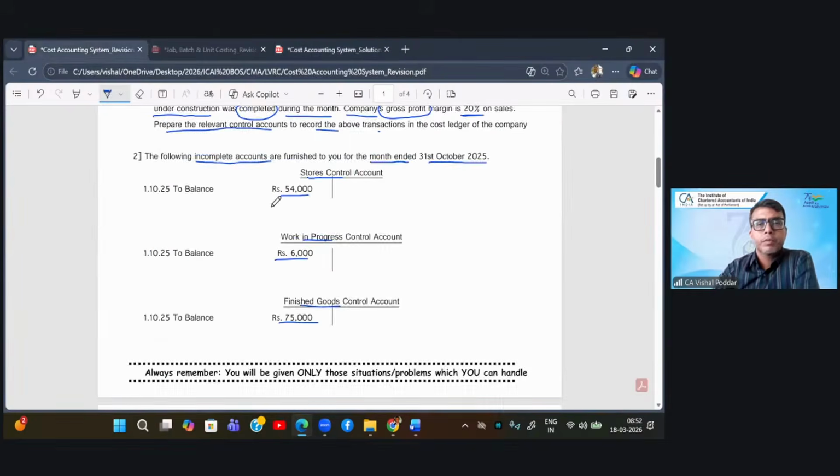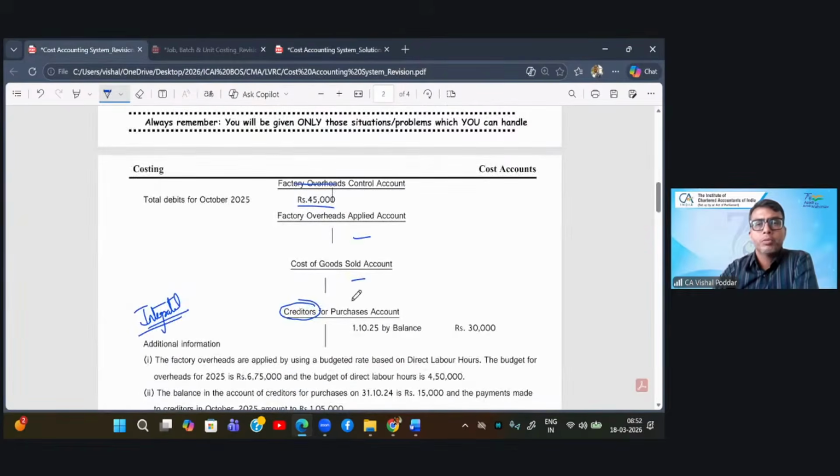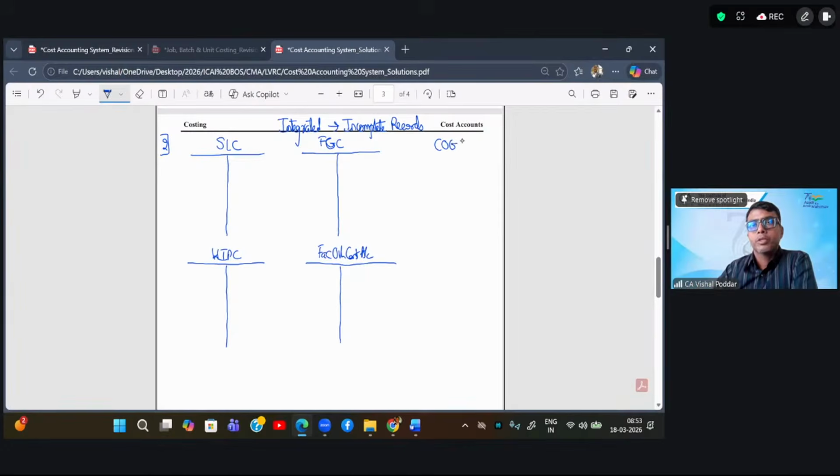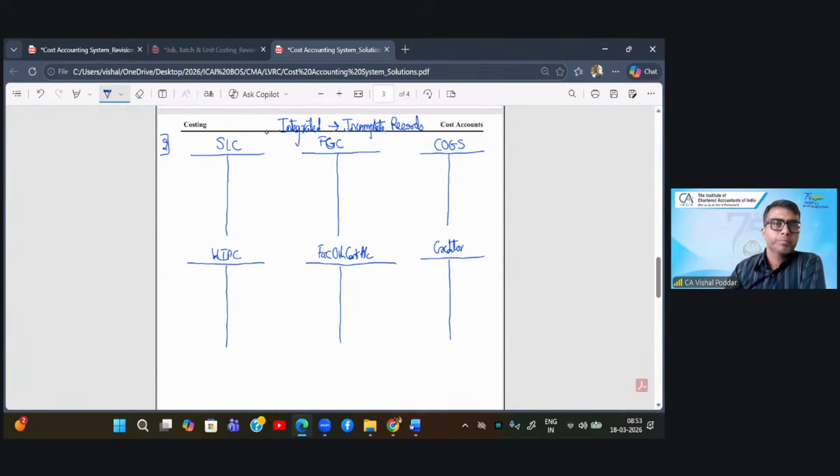Then they have given the overheads account, COGS and creditors. Fine.